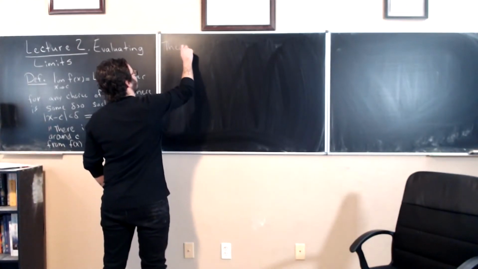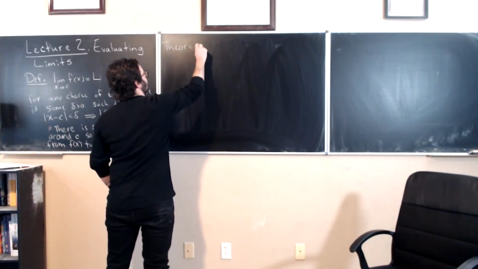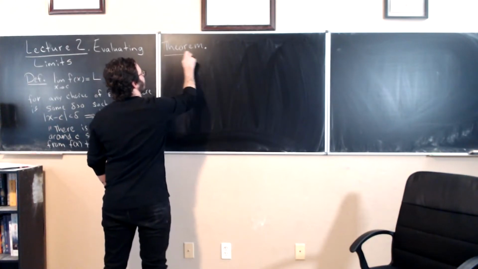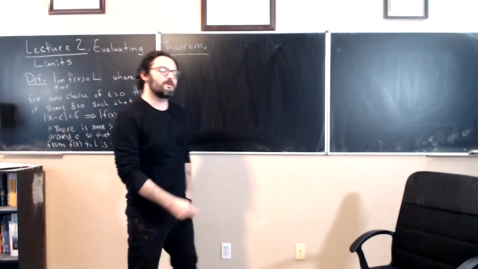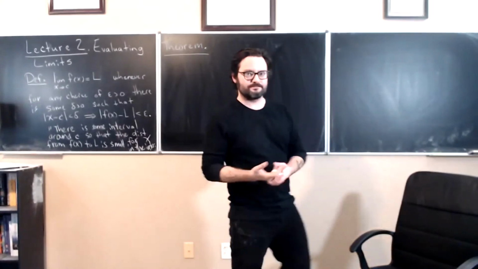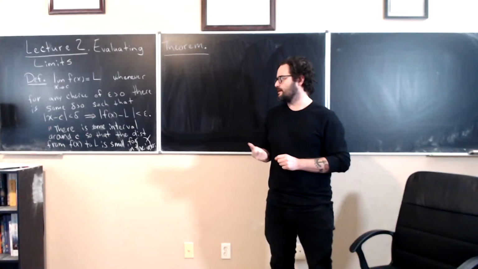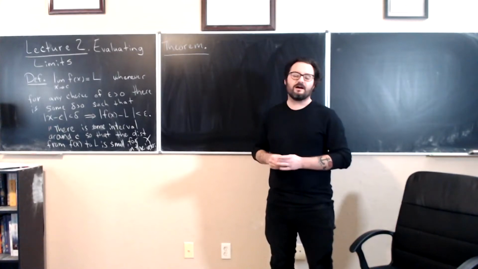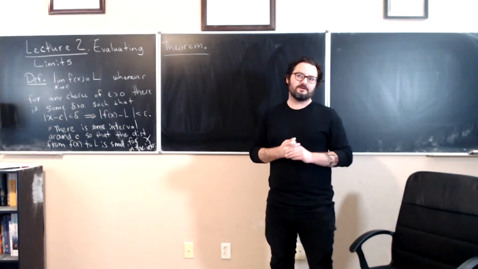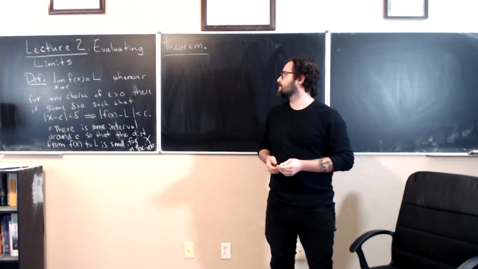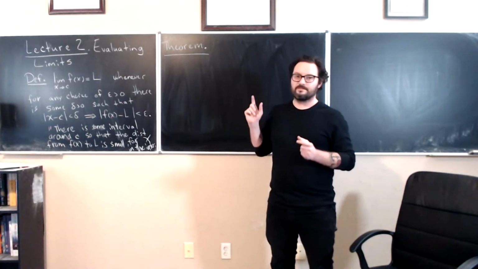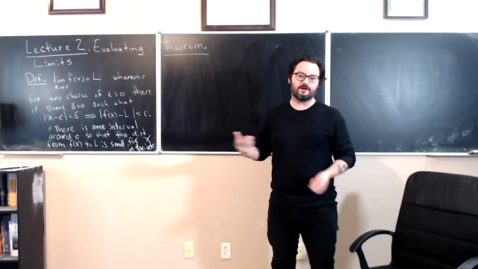Well, before I write them down, I'm going to say that this is actually a theorem. And theorems are mathematical statements that need to be proven. Now, I'm not going to prove these theorems that we cover today in class. However, I am tempted, if I have time, to make extra videos for you guys showing how to prove in a formal sense the following statements.